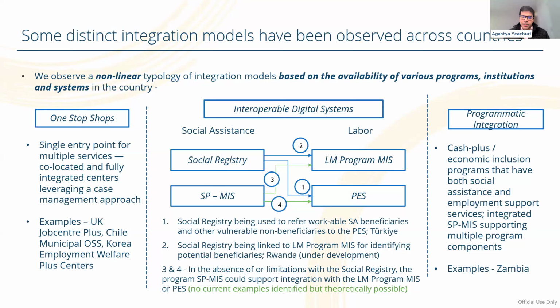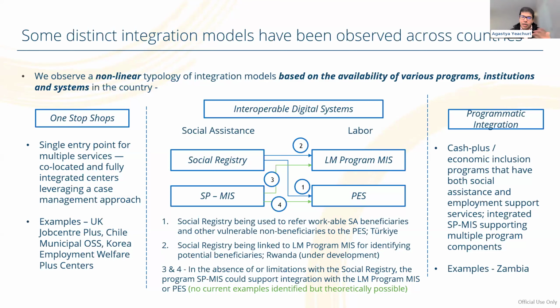So the way this works, the use cases look like this. There is the social registry, which has a broader pool, not just social assistance beneficiaries, but a broader pool of poor and vulnerable individuals and households. That data can be used to refer workable people to the public employment services or to specific labor market programs.